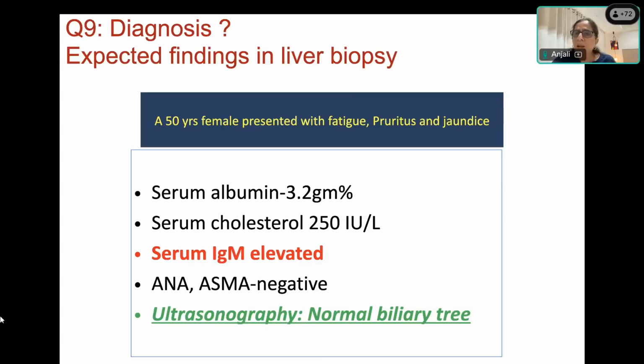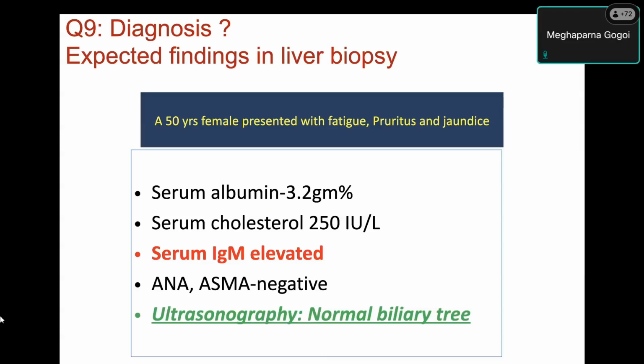So what are you expecting in the liver biopsy? What do you expect in the liver biopsy of such patients? Ma'am, there will be portal inflammation. Then there might be fibrosis.